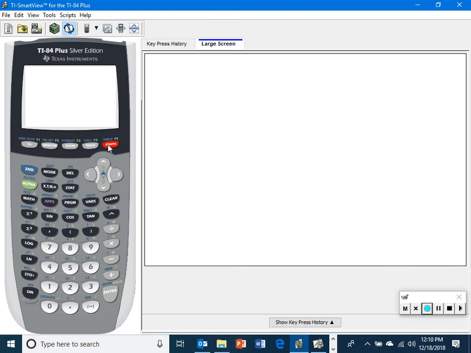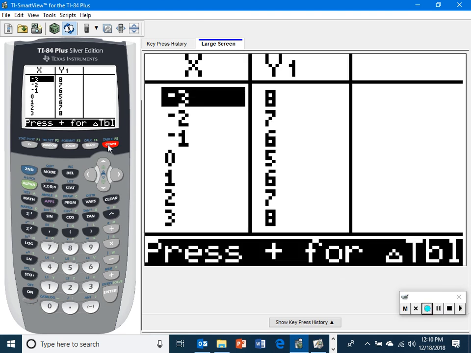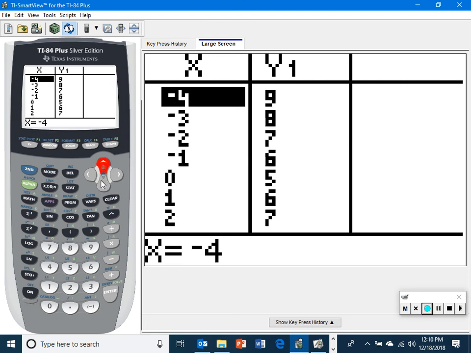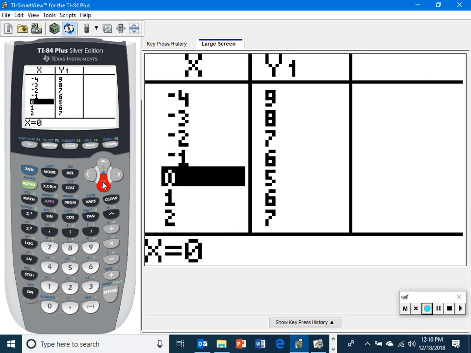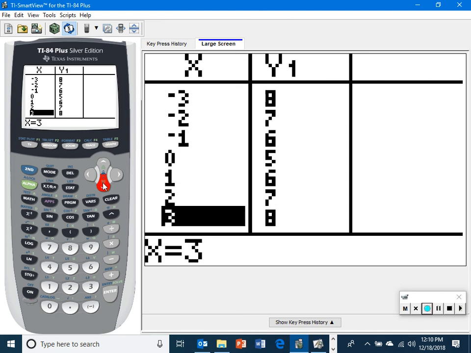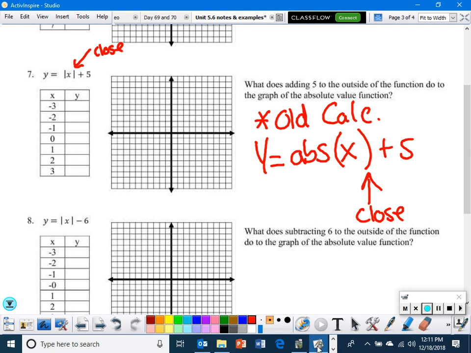We're going to go to the table and line it up. Actually, we didn't have to move it. So the second column goes 8, 7, 6, 5, 6, 7, 8.